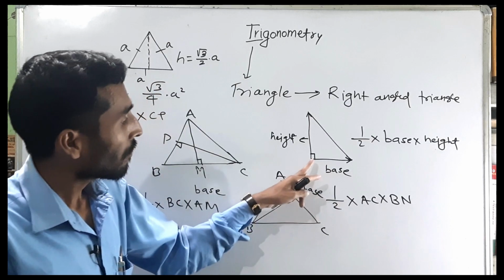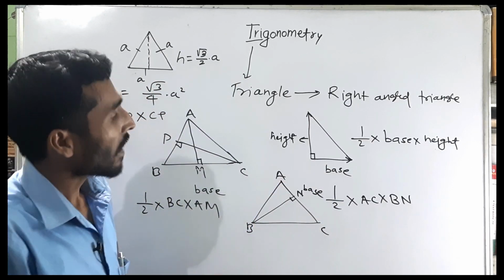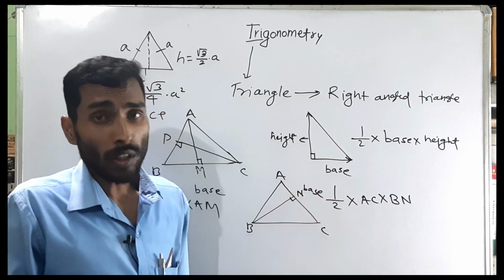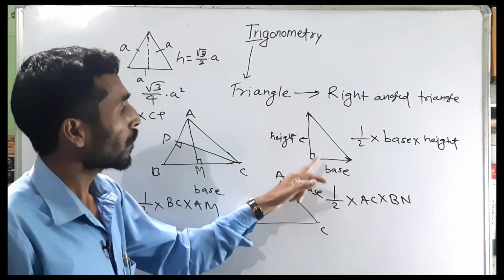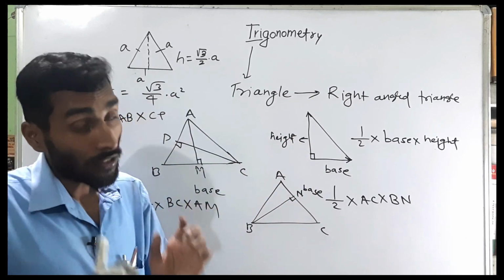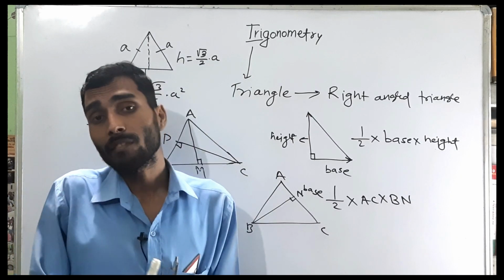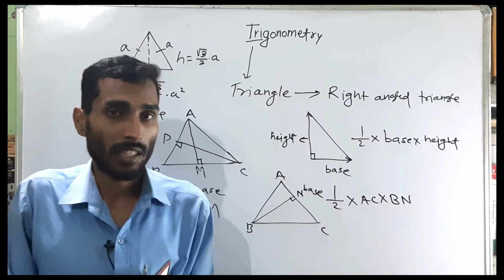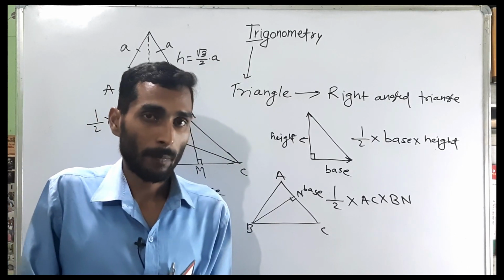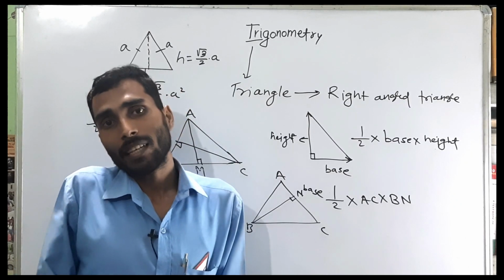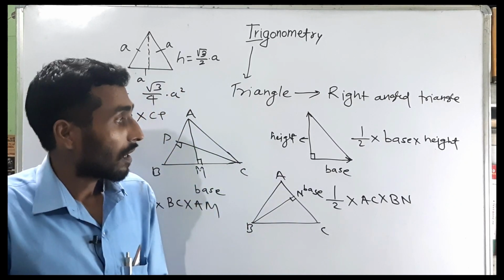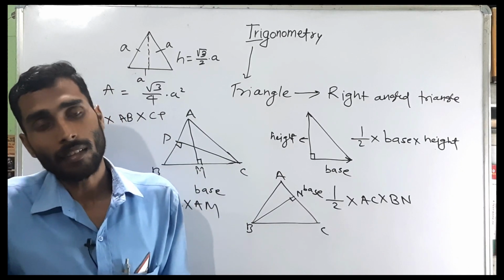The property that says the square of the side opposite to the right angle is equal to the sum of the squares of the other two sides was given by Baudhayana, an Indian mathematician. But he didn't give the mathematical proof of that.